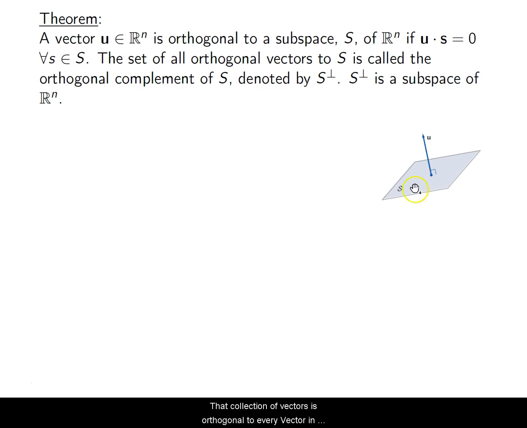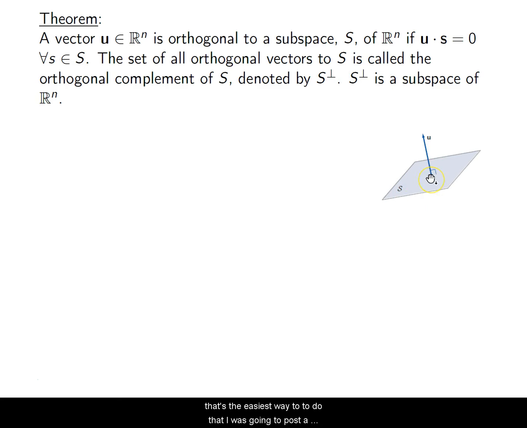It doesn't come out of that plane. All the vectors that are orthogonal to this plane make up the orthogonal complement. So you can think of the orthogonal complement as all the planes that are orthogonal to this plane. That's the easiest way to do that.